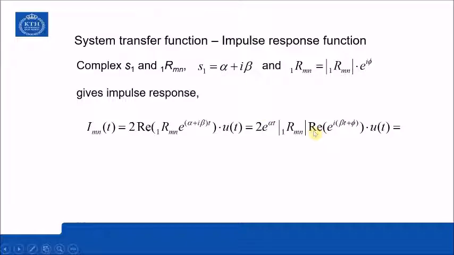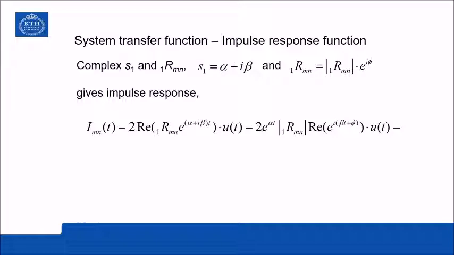First we have the real part of the complex exponential with argument beta t plus the phase angle. Outside the real part, as a multiplicative coefficient, we have 2 exponential alpha t, t for time, and the absolute value of the residue, the magnitude of the residue.